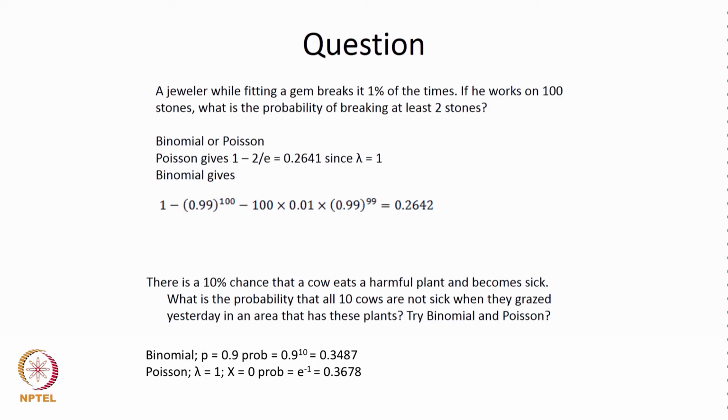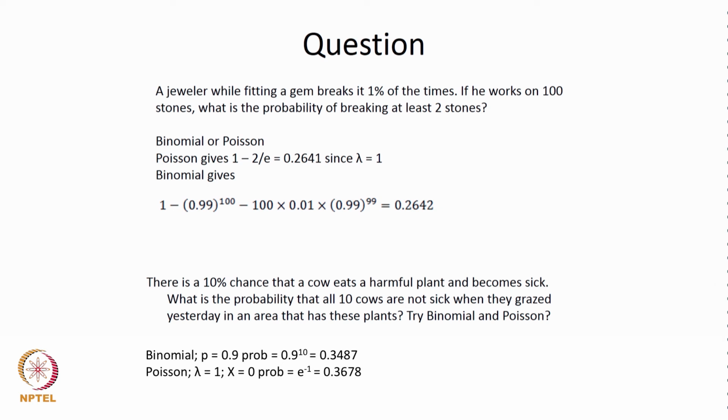Therefore, the Poisson probability of breaking at least 2 stones is 1 minus the probability of breaking no stone minus the probability of breaking 1 stone. Each would become 1/e, therefore the answer is 1 minus 1/e minus 1/e, which is 1 minus 2/e, which is 0.2641.